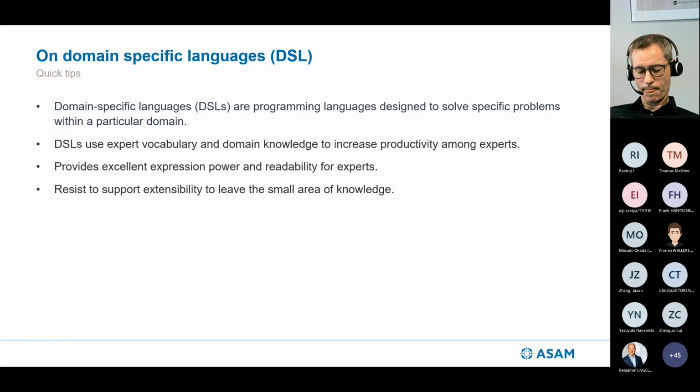From my experience, you should probably resist supporting extensibility to leave the small area of knowledge. On one hand, domain-specific languages are really great when you want to cover a really small and precise part of a domain and knowledge.